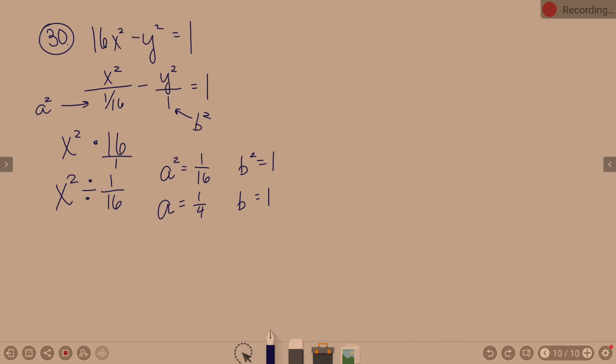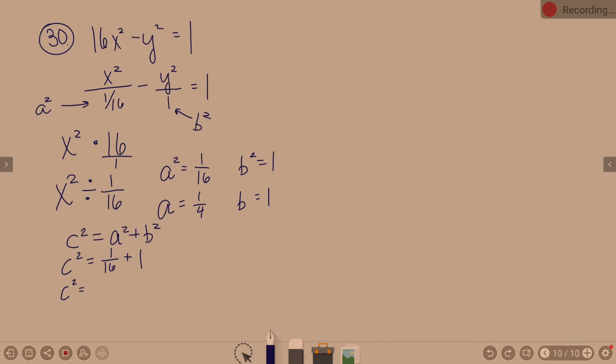Okay. Yeah. From here, you have to find c, right? Which, again, Maddie's saying isn't the part she needs. But c squared equals, what is this, a hyperbola? So this is c squared equals a squared plus b squared. So c squared equals 1/16 plus 1.